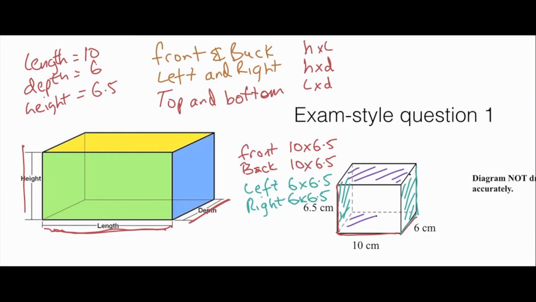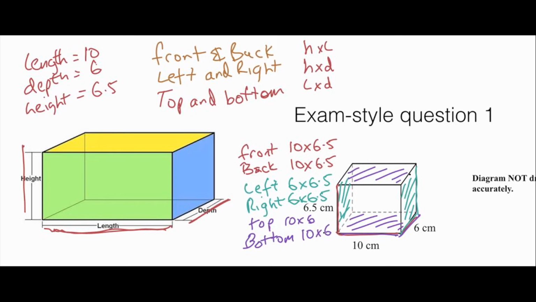The top and the bottom. So the top will be 10 times 6, and the bottom will be exactly the same, 10 times 6. We will be able to add them all together.